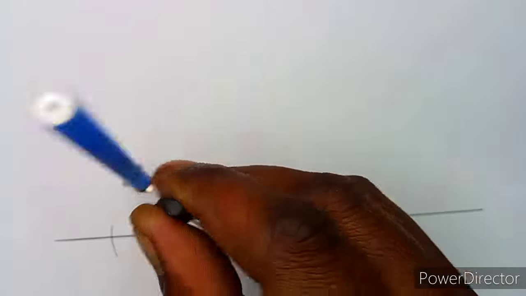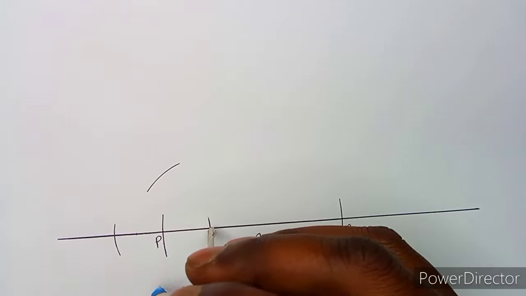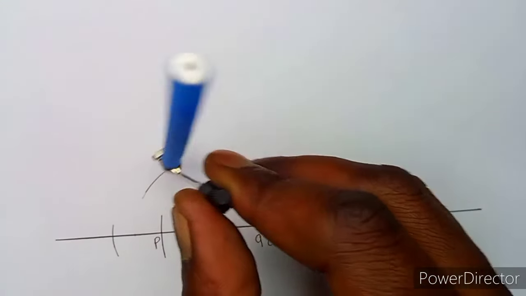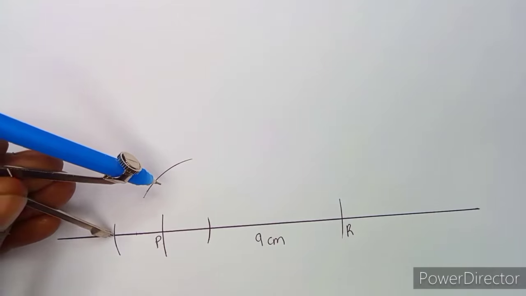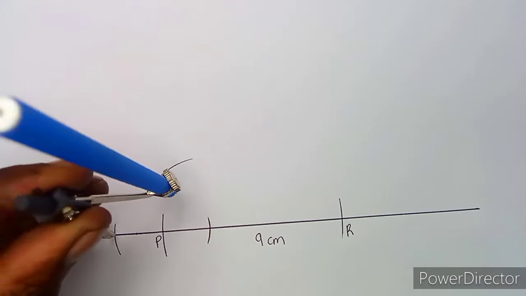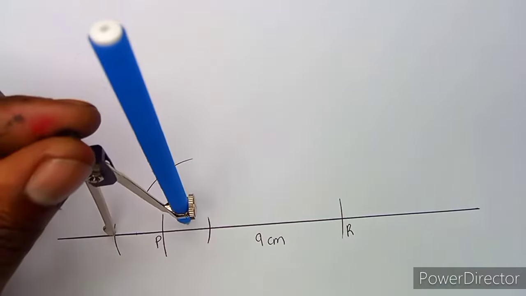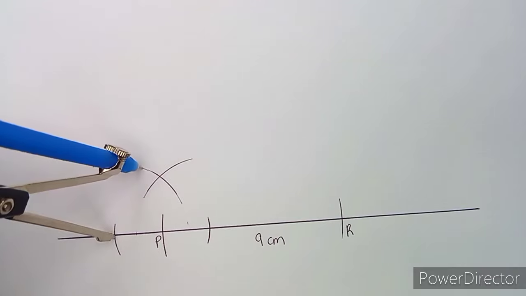Then you mark an arc on top and another one there. But in this case, there's no need for us to use this one because we already have this point P. So just mark on top, because P is already there as our reference point. So you also mark here on top. The way I'm holding this is supposed to be like this, guys. It's not clear because of the setup, but I think you see what is happening.